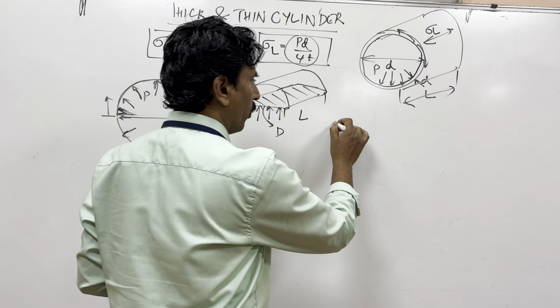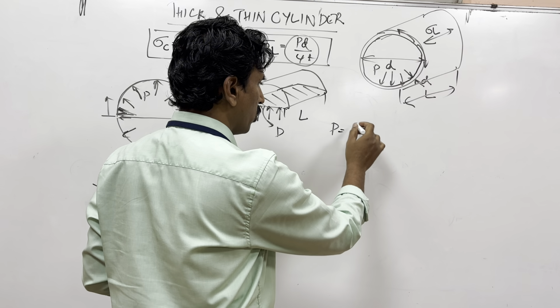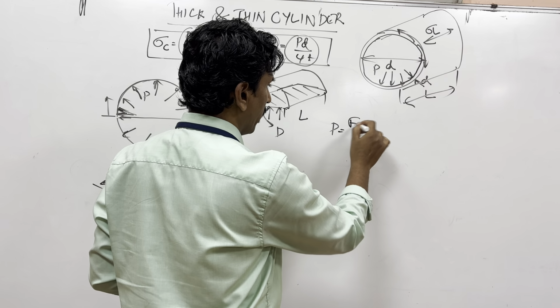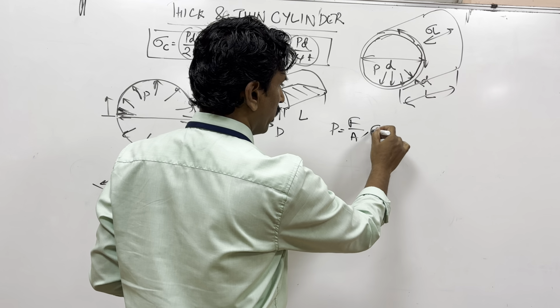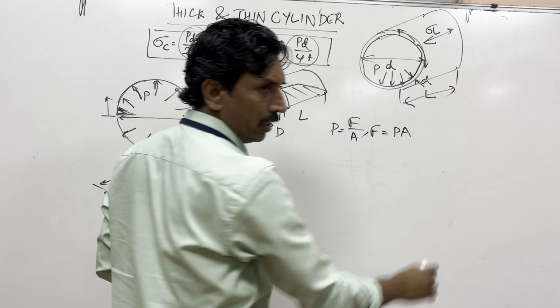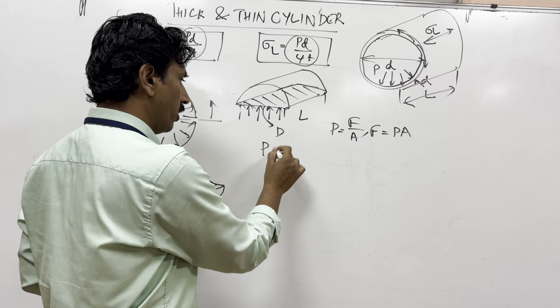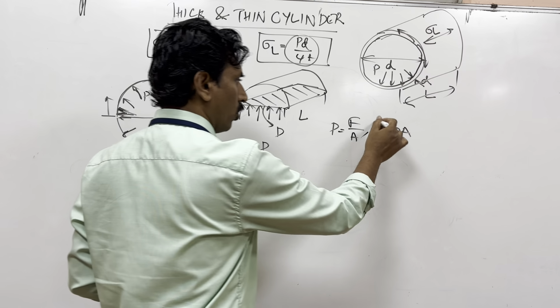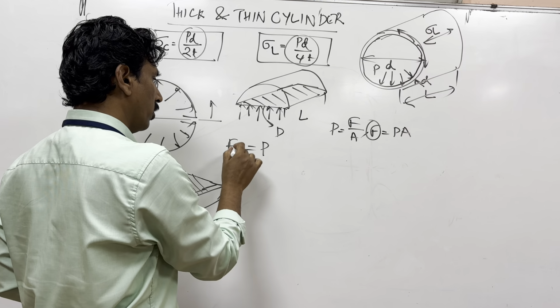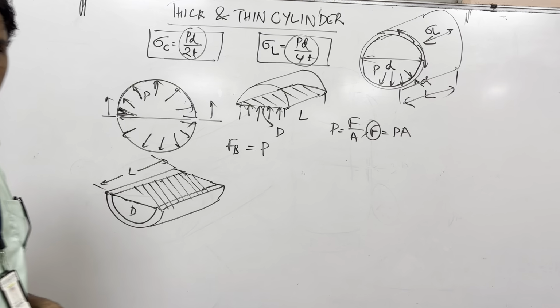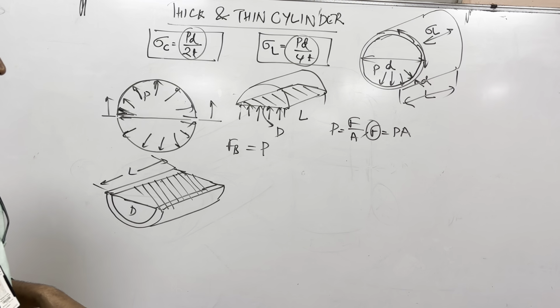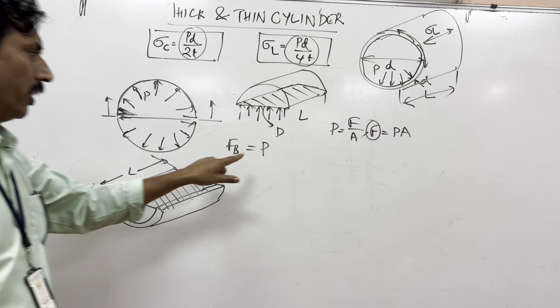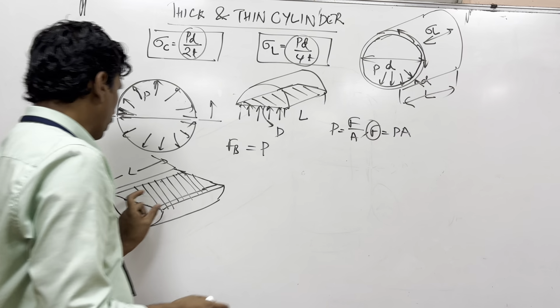So now what is actually pressure? Basically pressure is equal to force by area, and if you want force, it is pressure into area. So pressure inside the cylinder, I'll call this F the bursting force, FB. And then it is pressure into area. What is the area here?